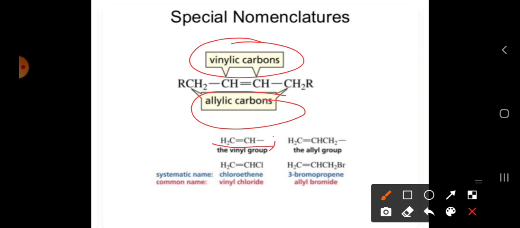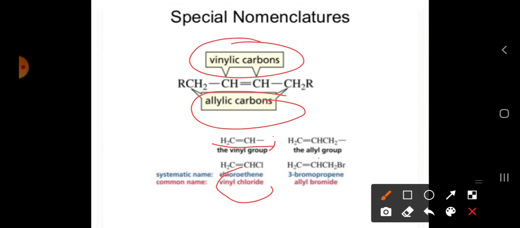So this one we generally say chloroethene, or we can say it is vinyl chloride. Okay, so coming to next one, allylic group. Allylic group means CH2 double bond CH CH2. So this is the allylic, or we can say 3-bromopropene, general name, but it is allyl bromide. Allylic is different, vinylic is different.